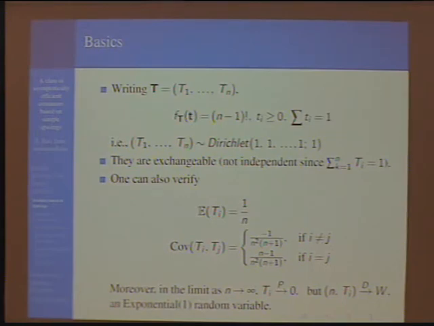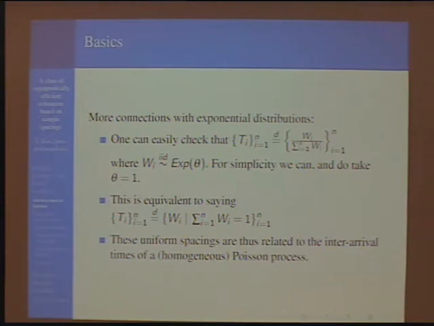One of the interesting points to note is that n times T i goes to an exponential distribution. As n becomes large, T i goes to 0 in probability, but n times T i goes to an exponential distribution. In fact, there is an intimate connection between the exponential distribution and the uniform spacings.